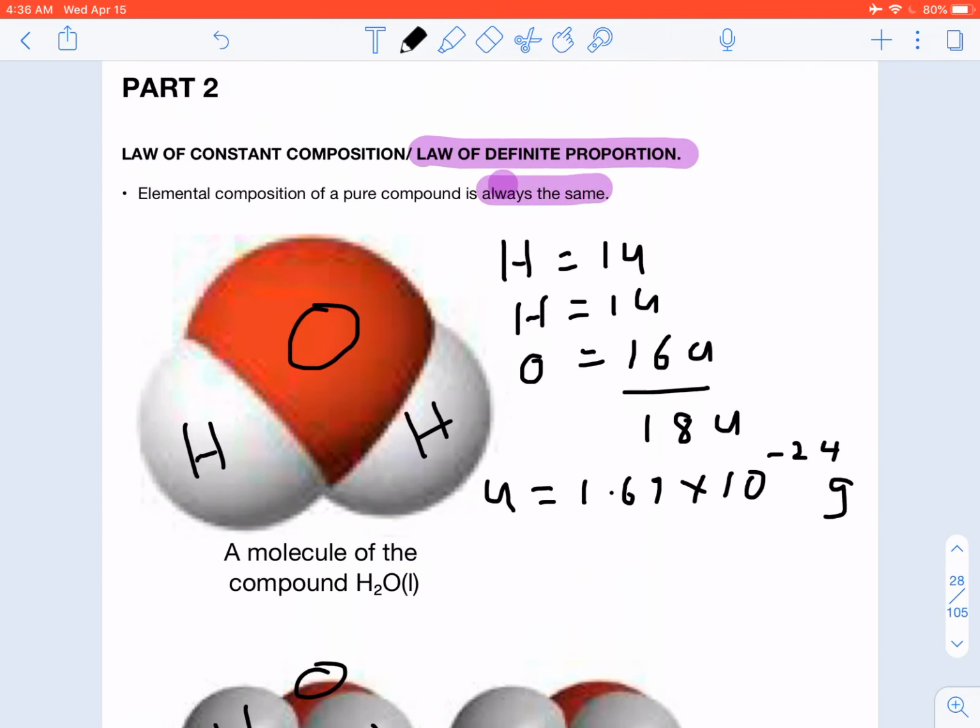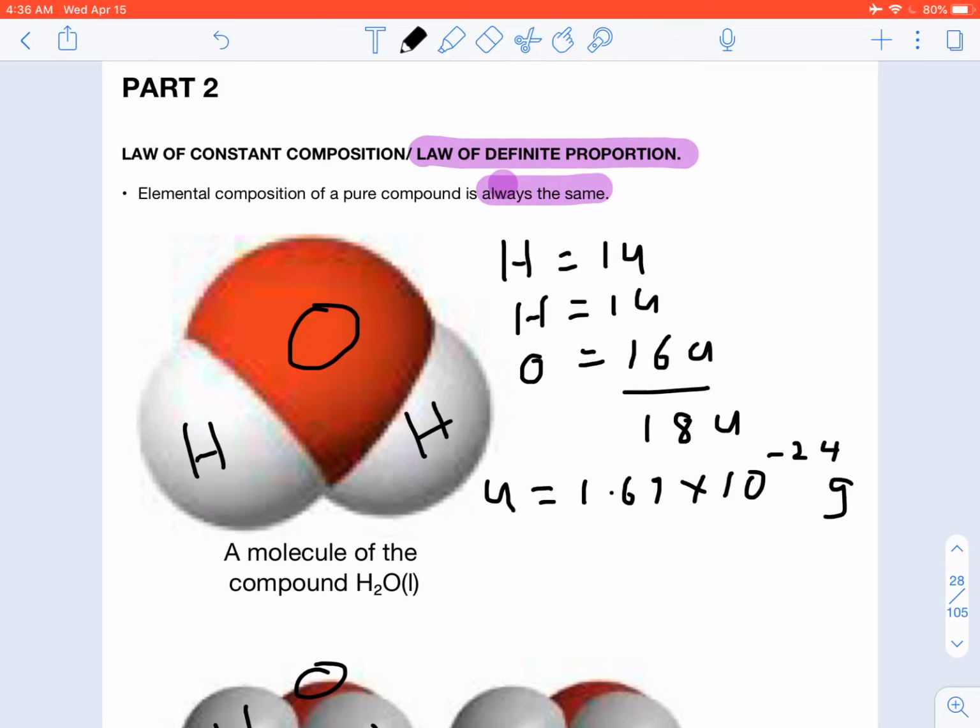But if we look at water, we notice that in terms of water, it has 1 oxygen and it has 2 hydrogens. So water will always have that composition. It has 1 oxygen and 2 hydrogens. The composition remains constant. And it's the same thing, like, for instance, if I ask you what is the gender composition in your class, you may have 2 boys and 3 girls.